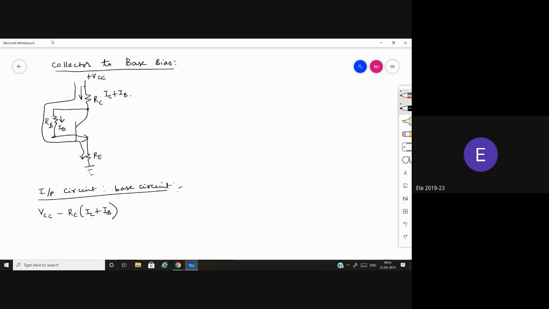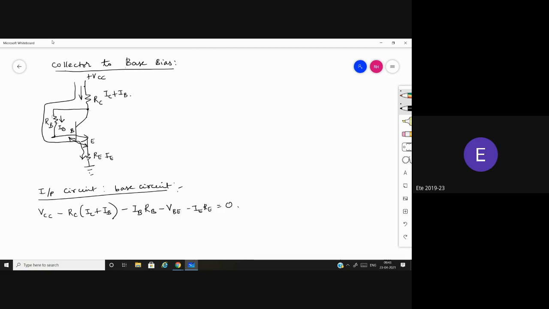Coming here, it is minus IB RB. Coming to this, here it is between base and emitter, so minus VBE. Coming over here, the current is IE, so minus IE RE is equal to 0.